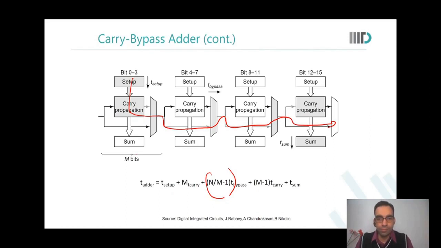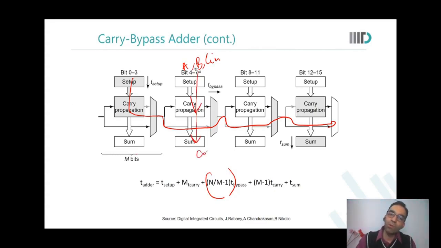Sir, would the largest delay also decrease? Yes, the largest delay would decrease, because if you are not using the propagate and generate topology, then all of A, B and Cin will be calculated from top to bottom, and then you will arrive at sum and carry out.